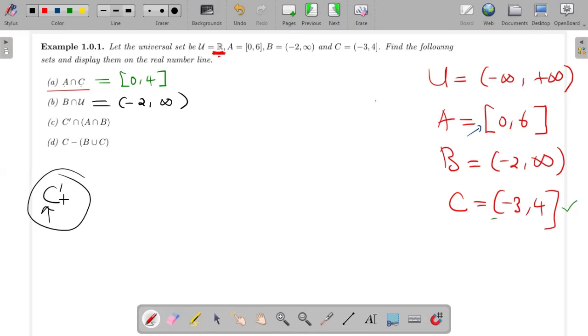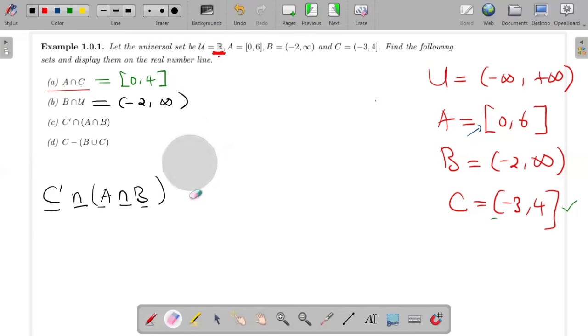They have given us C complement intersection A intersection B. Since there's an intersection, we're just looking at the part where the line for the C complement, the line for A and the line for B are overlapping, on top of each other. That's the part we're looking for.